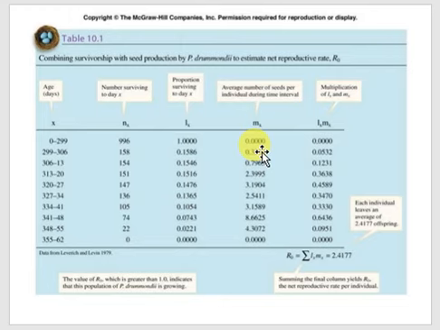So when you look at this table, first of all, you can get a glean for life expectancy. Most of these plants will survive for only 1 year. And after 1 year, you don't have any more individuals left from that original starting generation. Right?